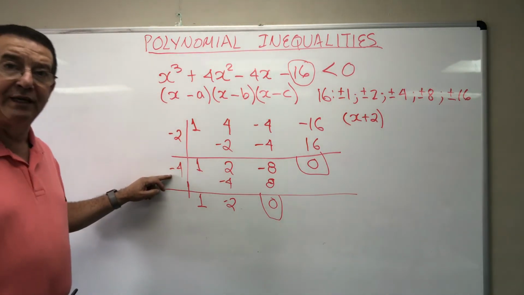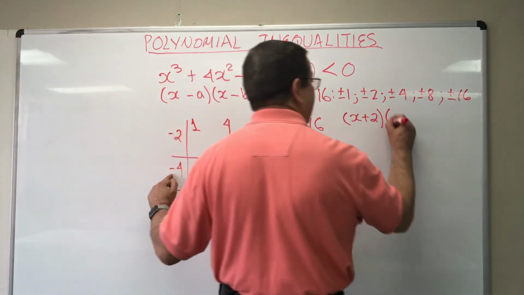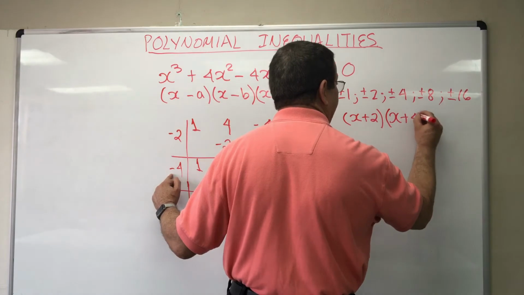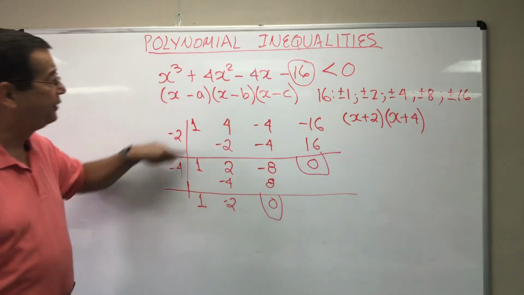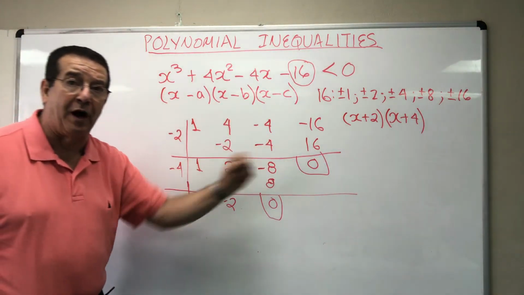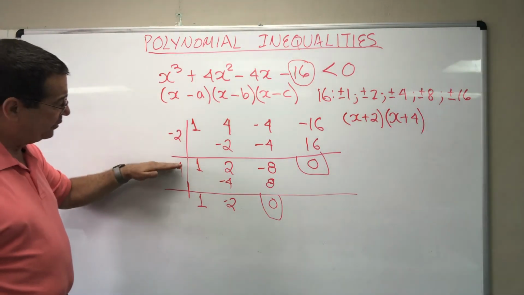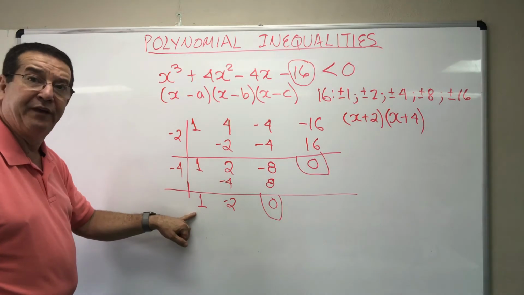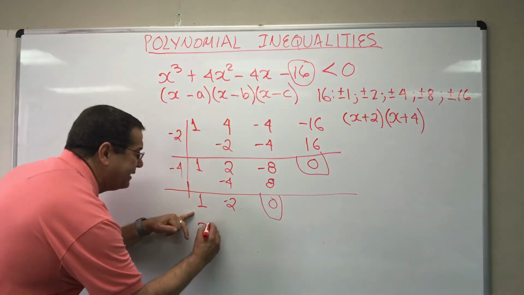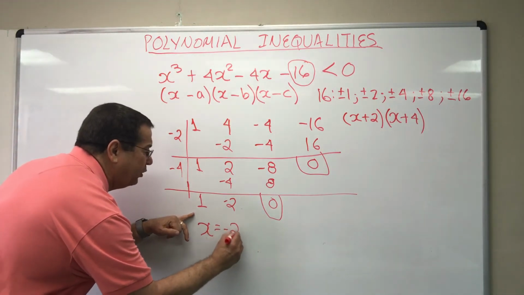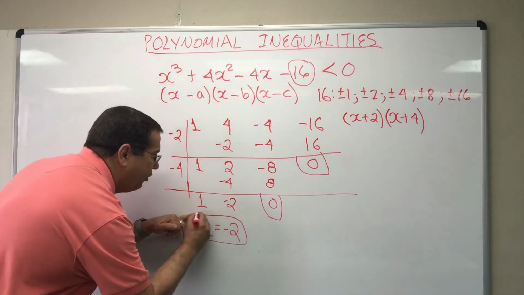Now negative 4 is another zero. Now I write here x plus 4. Remember, because it's negative, with this negative, you're going to change to positive. And finally, it's this polynomial of degree 3, and this polynomial of degree 2, and this polynomial of degree 1. Now you have x equal negative 2, and this is another zero.